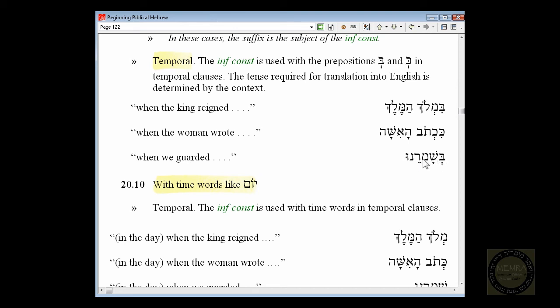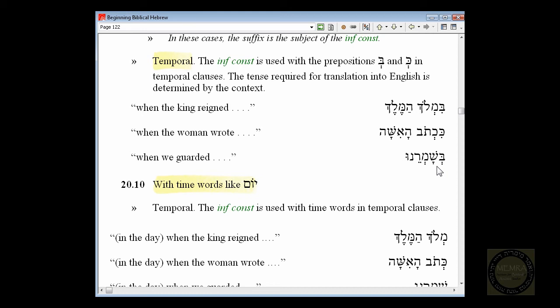So when something, when guarded us or we, or again, you're going to have to consider that we have our suffix anu could also be the subject of the infinitive construct. So when we guarded, again, could be object, could be subject.